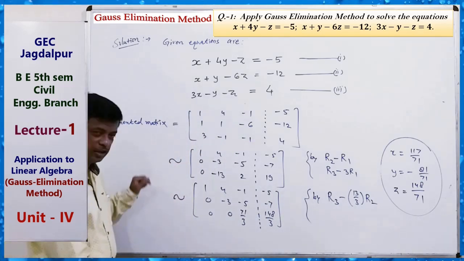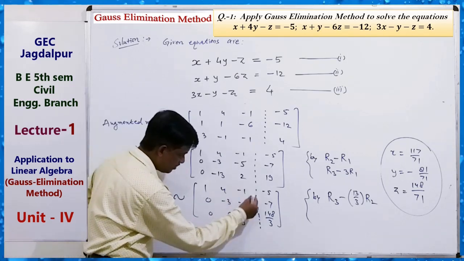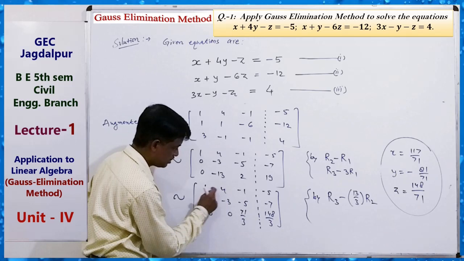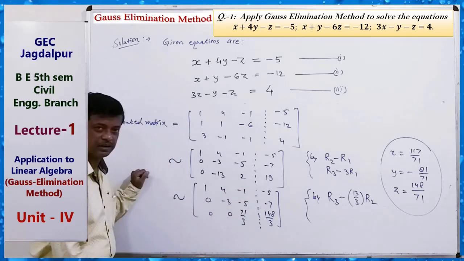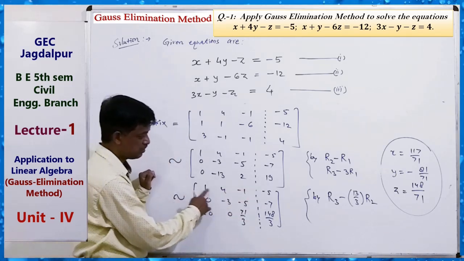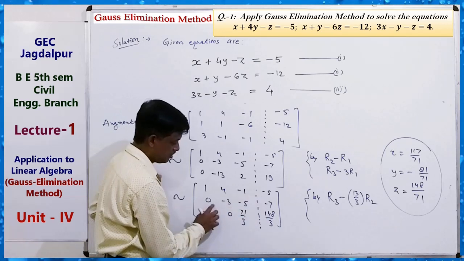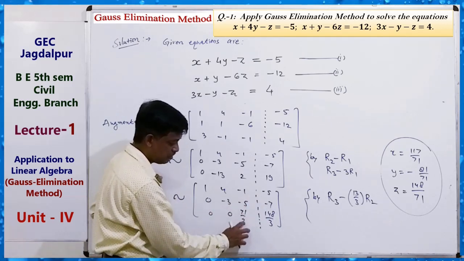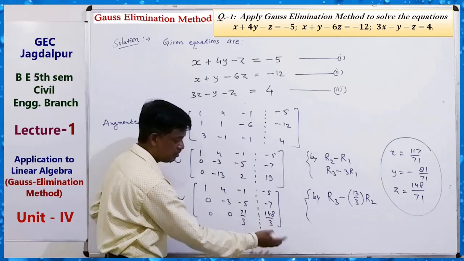By using the equivalent equations: this is for z, this is for y and z, this is for x, y and z. The equations will be x plus 4y minus z equals minus 5, minus 3y minus 5z equals minus 7, and 71 by 3 z equals 148 by 3.